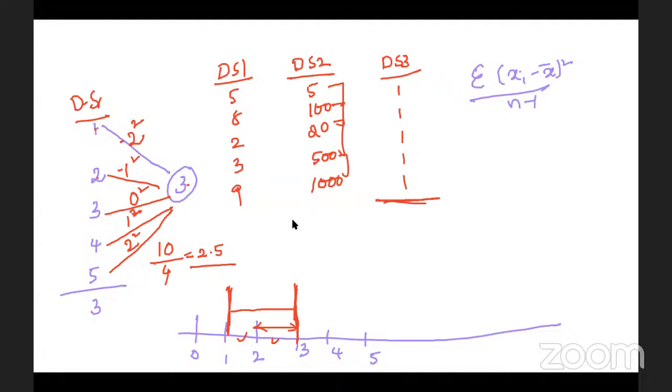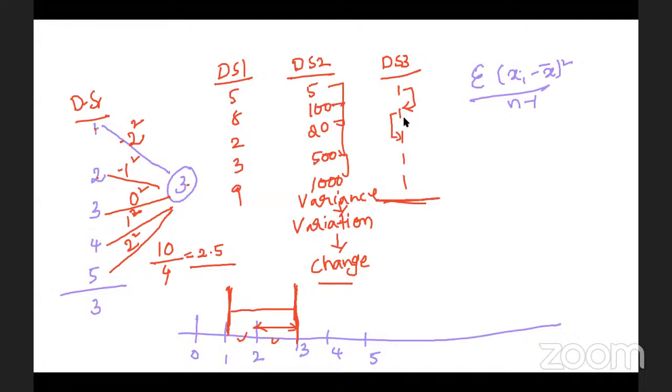Just see the word variance, variation, that is nothing but change. What do you mean by change? See, if you look here, do you see any change from this one to this one? There is no change. You see any change from this one to this one? No change. This one is equal to this one.